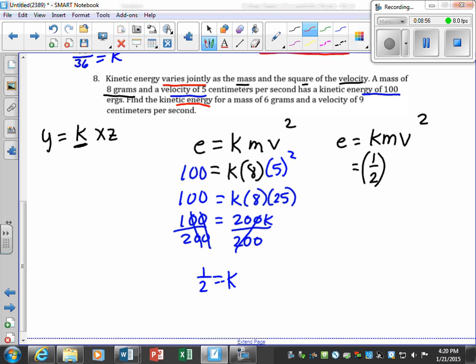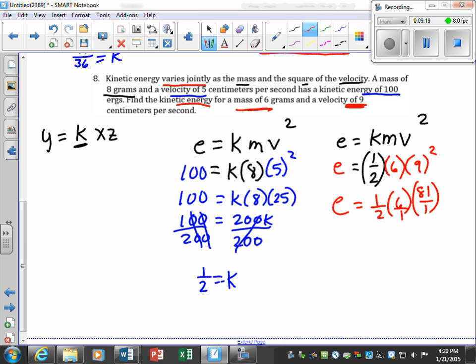Then we go back to our equation to see what they tell us. Find energy. So we know we're looking for energy. When a mass is 6, velocity of 9, and we got to remember to square it. So we're just going to clean up this algebra a little bit, bring down 1/2, 6, 9 squared is 81.